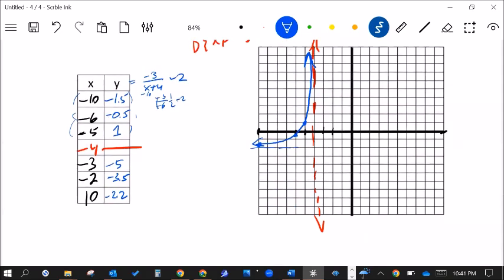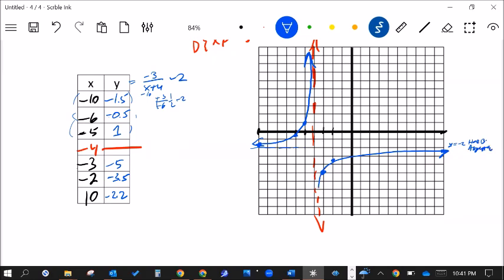So now the other numbers, -3 and -5, -2 and about 3.5, and 10 and about -2.2. Going all the way out there to -10, it sort of confirms that y equals -2 is the horizontal asymptote.